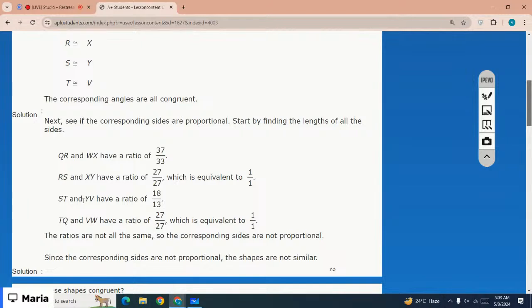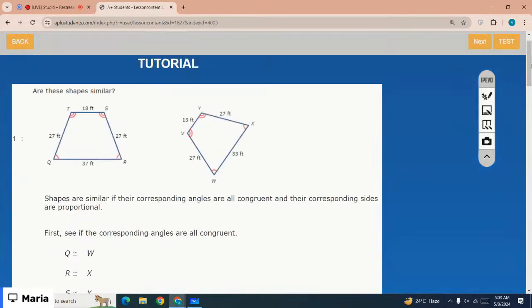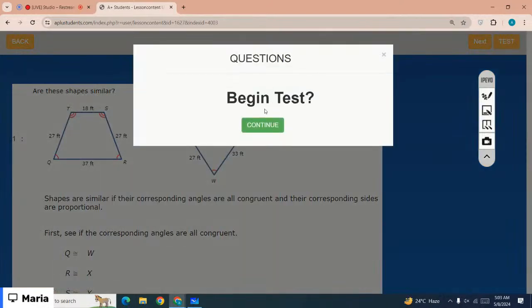ST and V, they must have exactly the same ratio, right? The ratios are not all the same, so the corresponding sides are not proportional. Since the corresponding sides are not proportional, the shapes are not similar. Let's start with the test questions.